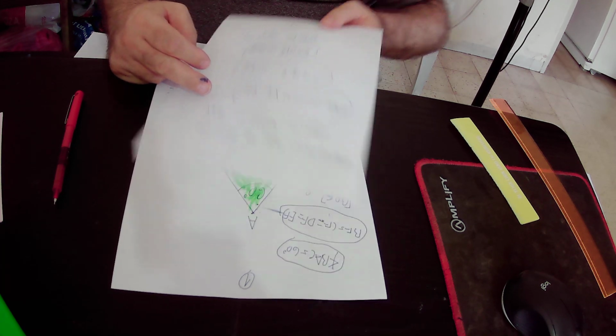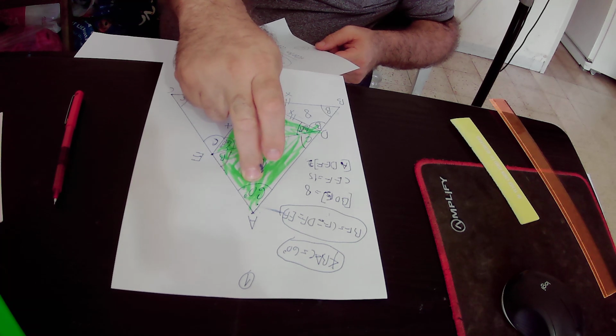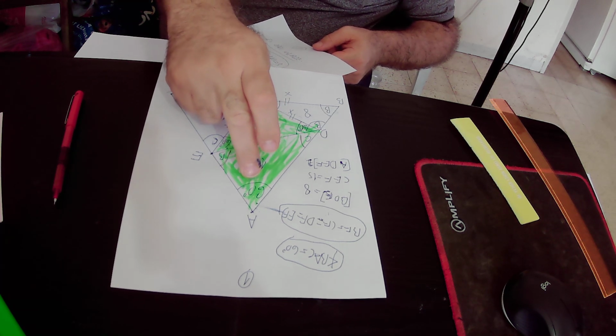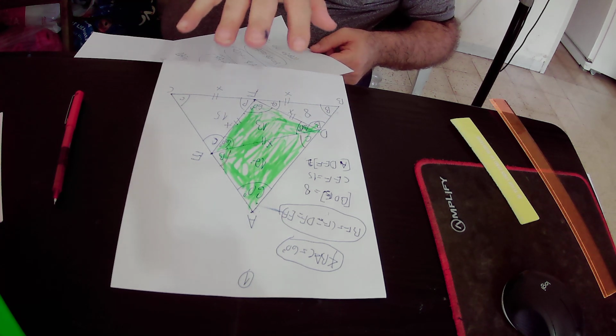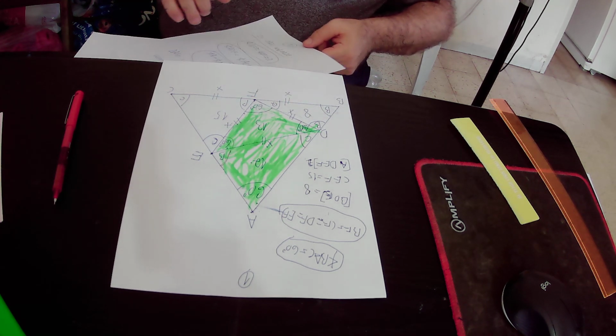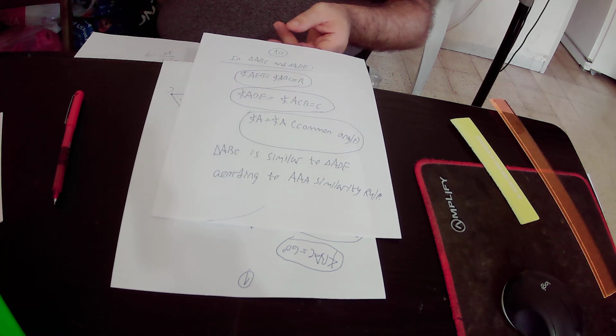And also we have a common angle. This angle that equals 60 degrees belongs both to the small triangle ADE and to the big triangle ABC. Therefore, we can write down that angle A equals angle A because it is a common angle.